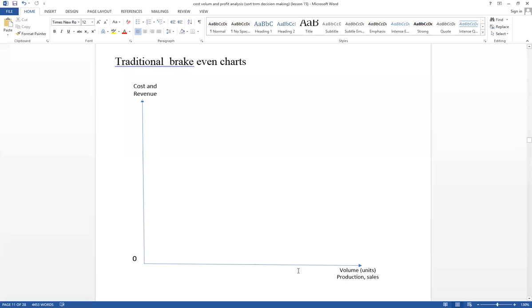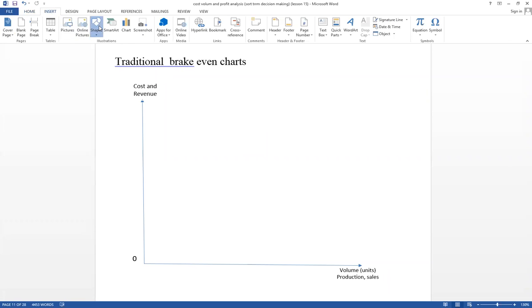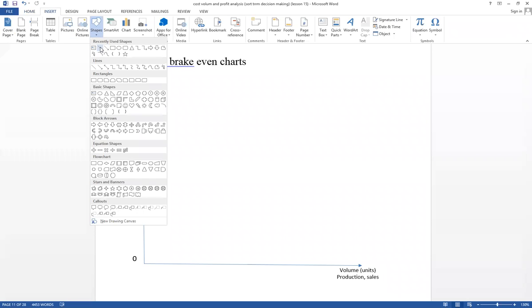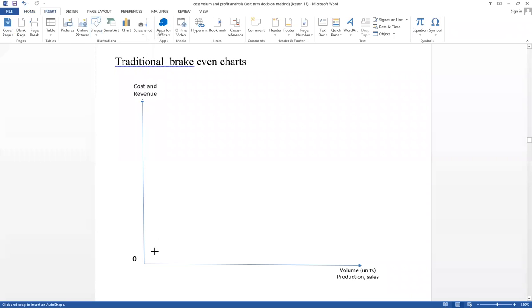When quantity increases, total revenue also increases proportionately. Therefore, this is the way you have to draw the total revenue line. Start from 0. This is the total revenue line, TR.